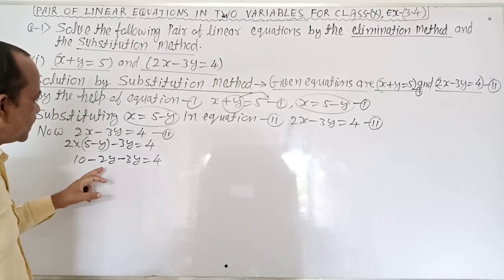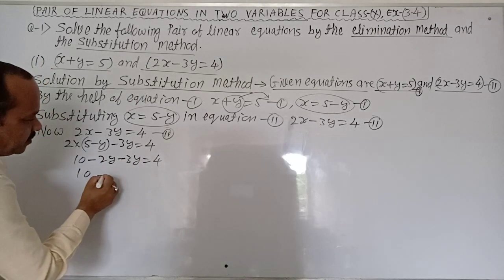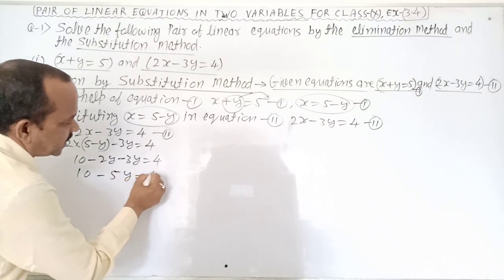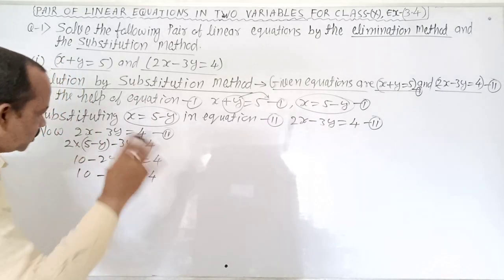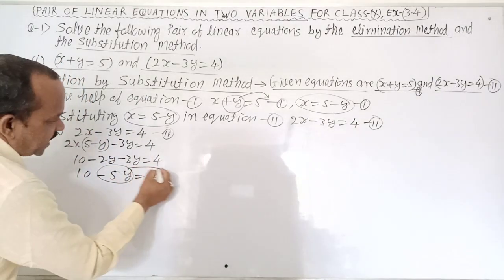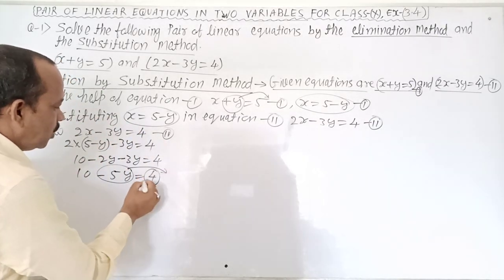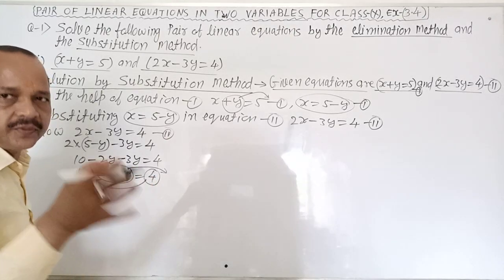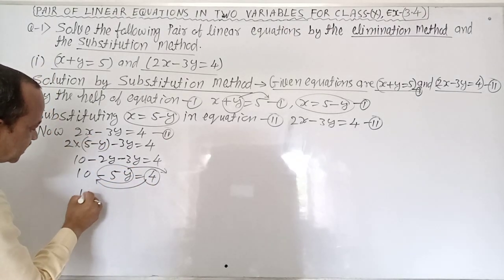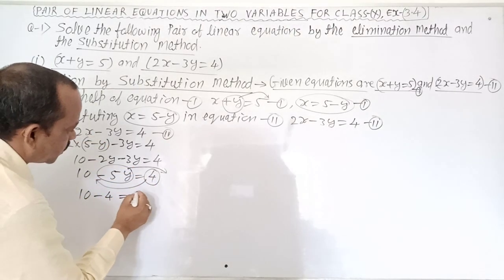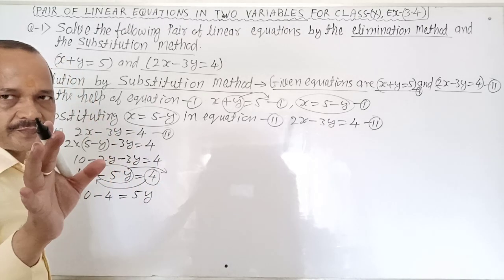It becomes 10 minus 5y equal to 4. You write minus 5y on the right side of equal and 4 on the left side of equal. It becomes 10 minus 4 equal to 5y.